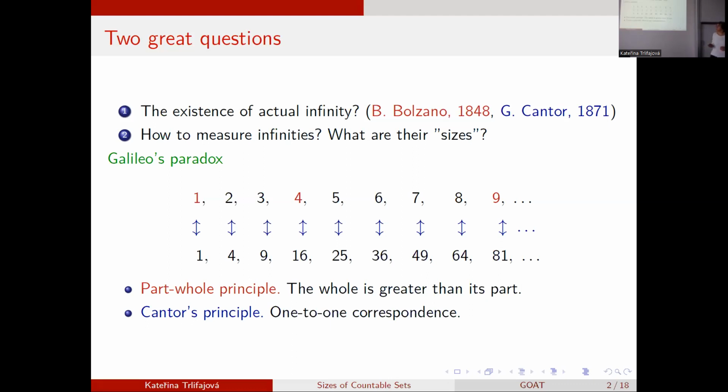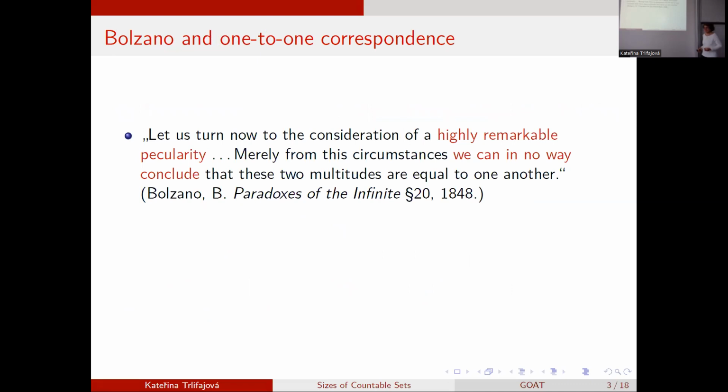So, for instance, here is one of his quotations from Paradoxes of the Infinite from 1848, when he speaks about one-to-one correspondence as a highly remarkable peculiarity. And then he describes one-to-one correspondence, but he says that merely from this circumstance, we can in no way conclude that these two multitudes are equal to one another.